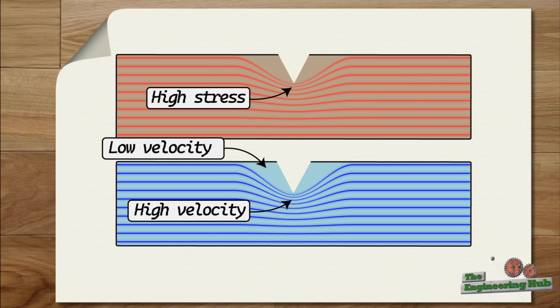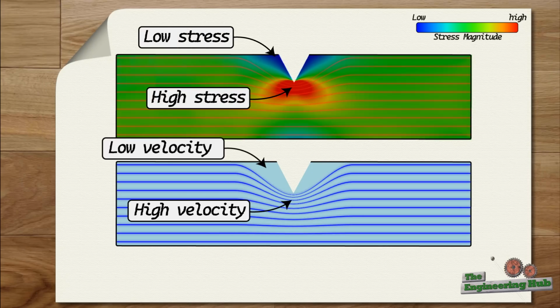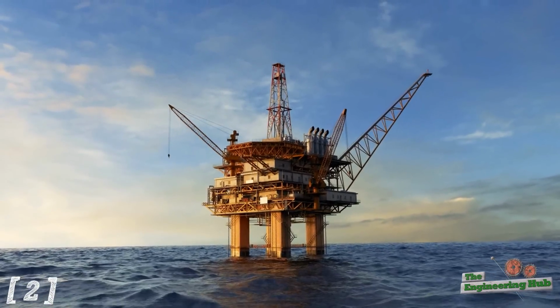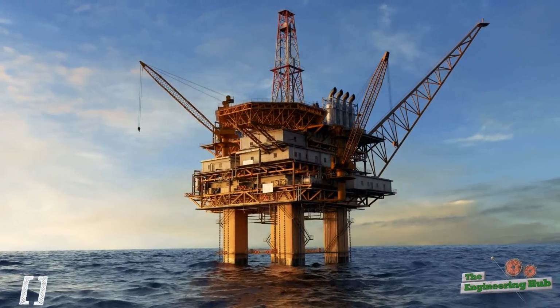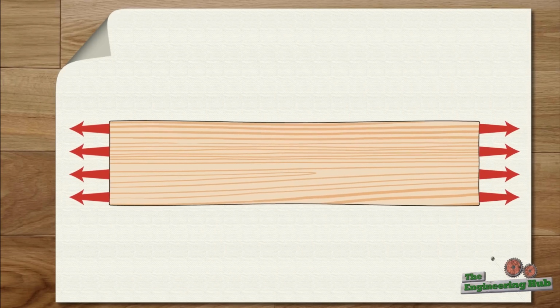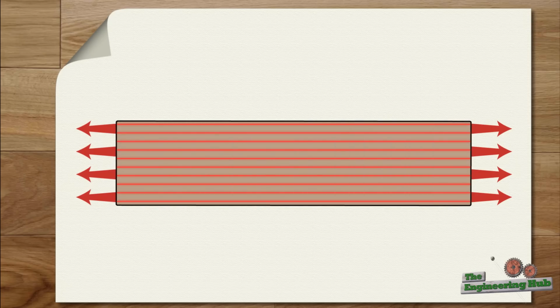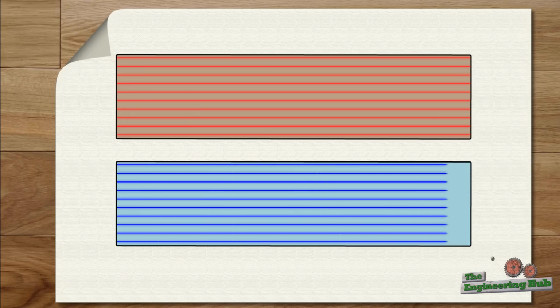But again, this is for a very special fluid which has no viscosity, nor does the flow have any vorticity. The theory describing this fluid is known as potential flow theory and is heavily used in the design of offshore platforms. Now, if we look at a unidimensional bar element loaded in tension, we expect to see parallel equidistant stress lines. The same bar with fluid flow through it has analogous fluid flow lines that look identical.